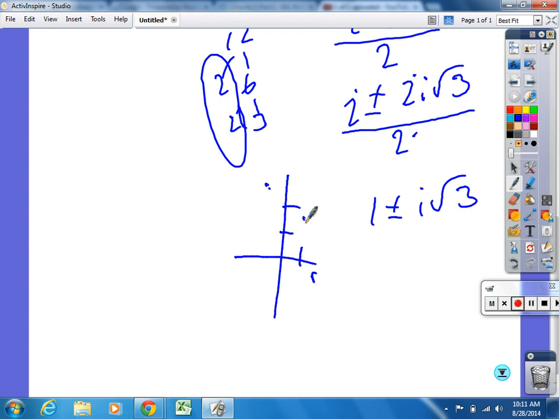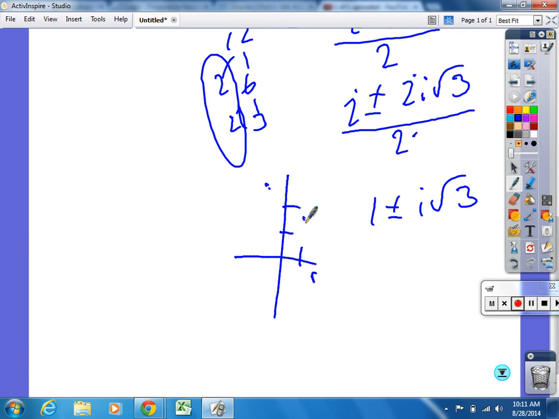For example, if I told you i is a zero, guess what else is? Negative i, plus or minus, conjugate pair. If I told you 1 plus i root 3 is a zero, what else do we know? 1 minus i root 3. They always come in conjugate pairs. So once again, if I had degree 4, I could have 2 imaginary and 2 real, right?